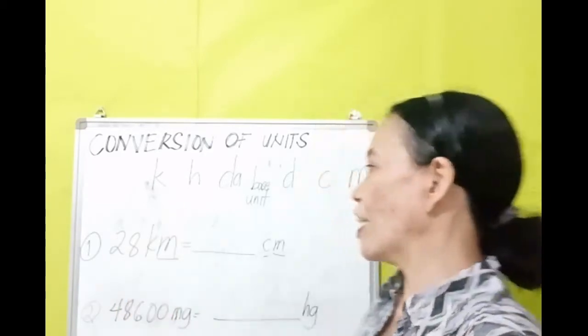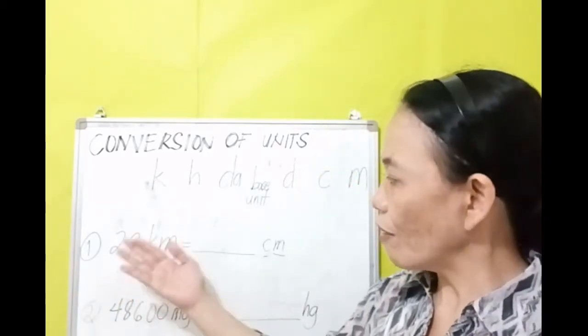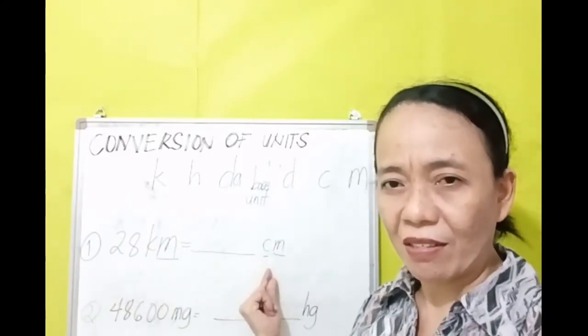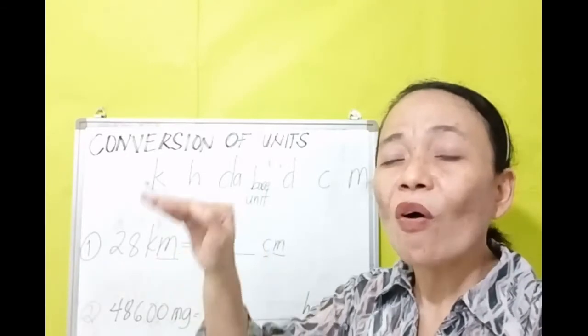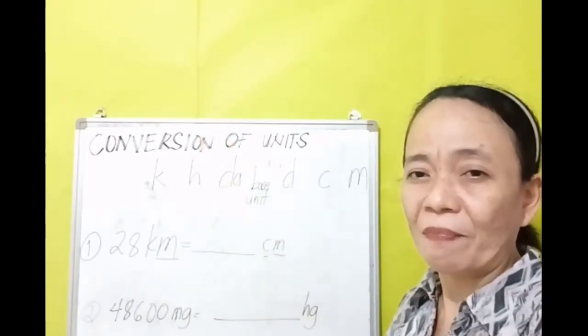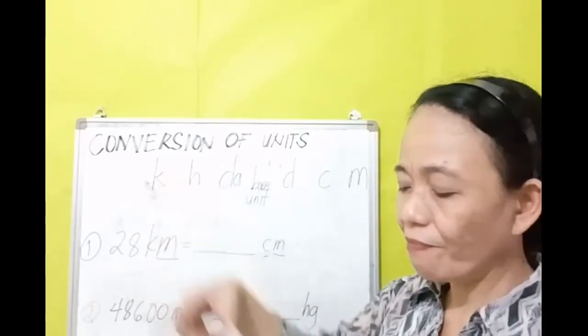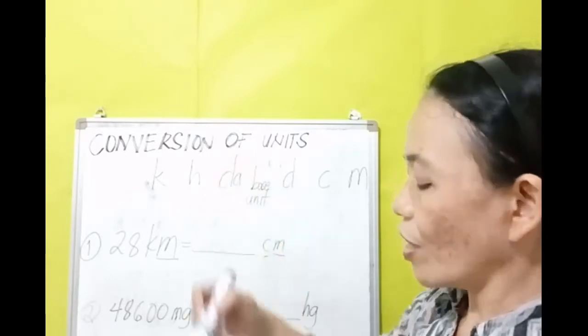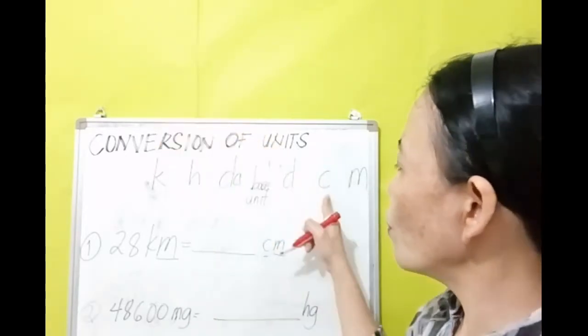Got it? Okay. So in converting this example, we have 28 kilometers to centimeters. So we're going to count only the number of decimal places. Okay, so start with K, then to centi.